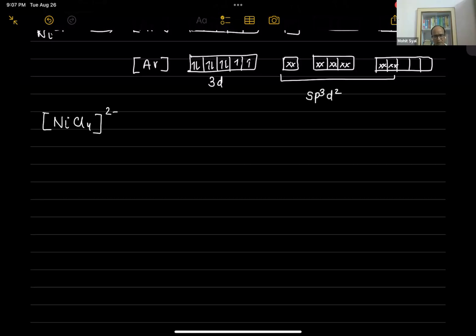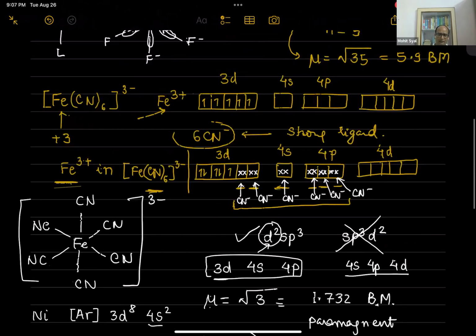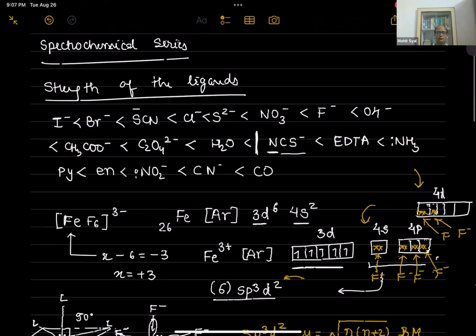Now we are also aware of the strength of the ligand. The halogens, Cl minus, Br minus, were weak ligands, at the starting. While NO2, CN and CO are strong ligands, NH3 and beyond, all these nitrogen containing ligands are strong.